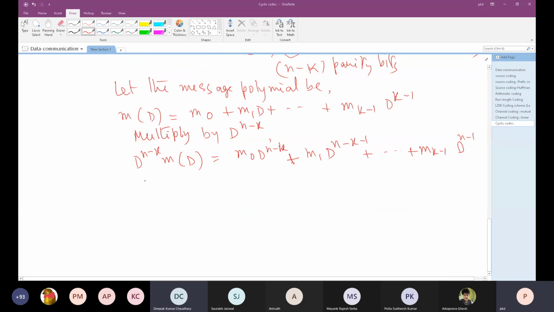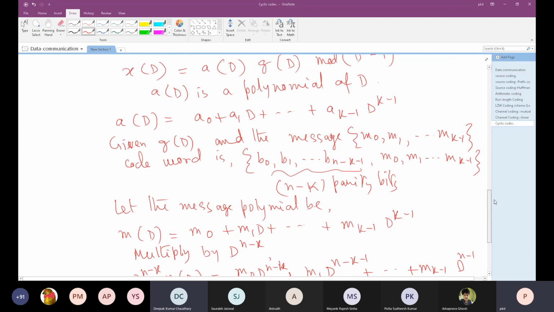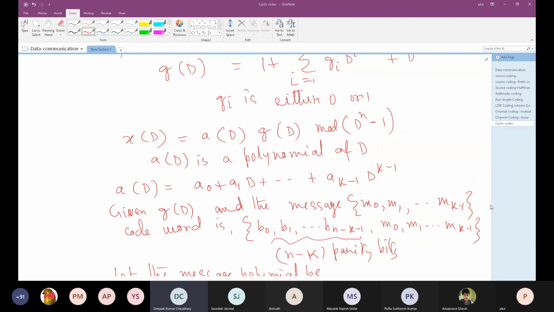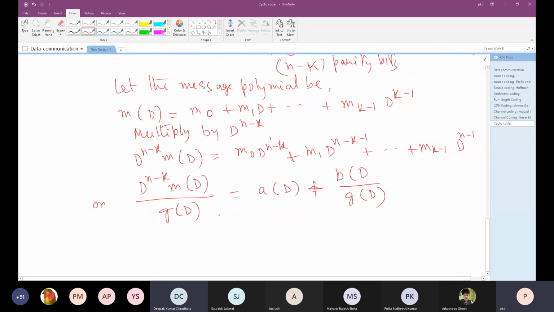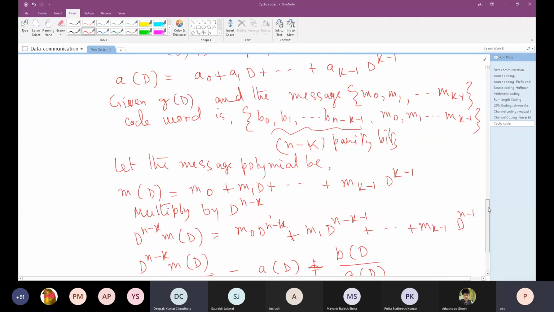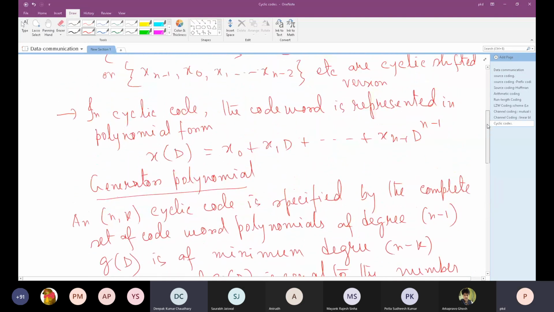So this can be written as D to the power n minus k M(D) divided by G(D) is equal to A(D) plus B(D) by G(D), because we have taken X(D) as A(D) G(D), and X(D) is equal to this polynomial.